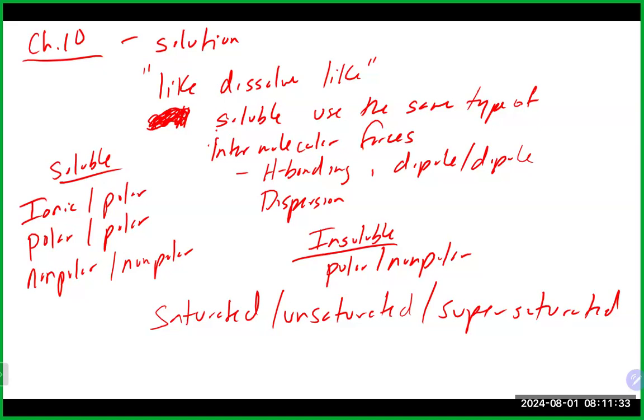An unsaturated solution is one that hasn't hit that point yet, which means if you take some solute to dissolve in it, it should continue to dissolve in that liquid until it hits a saturated solution. And lastly, a supersaturated solution, as we talked about, is one where you have way too much solute dissolved in the solvent.